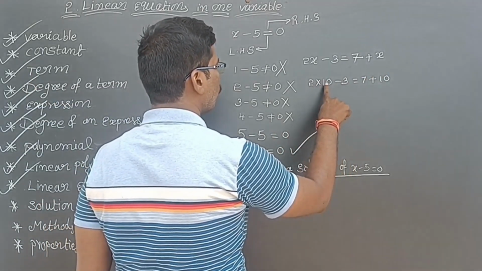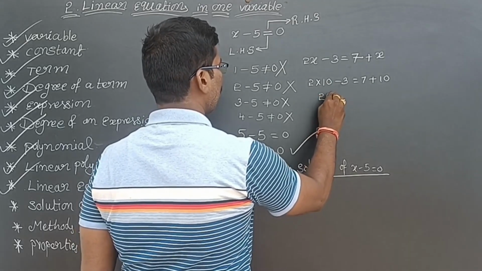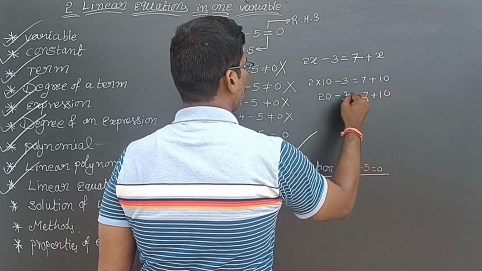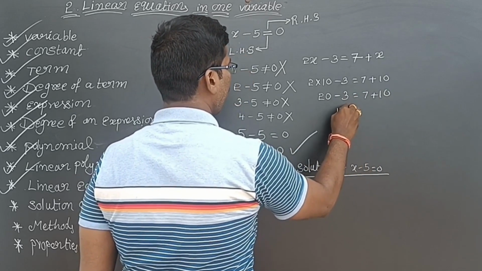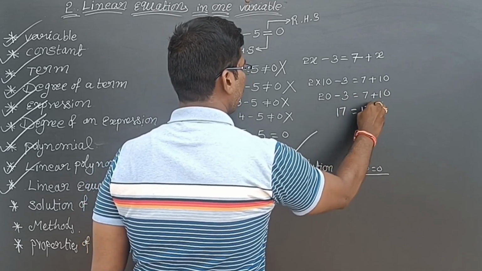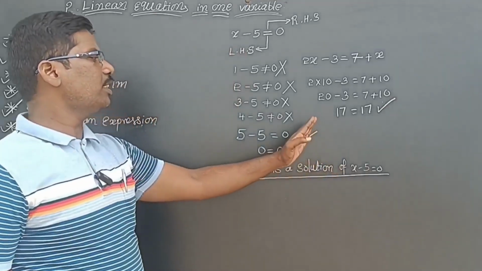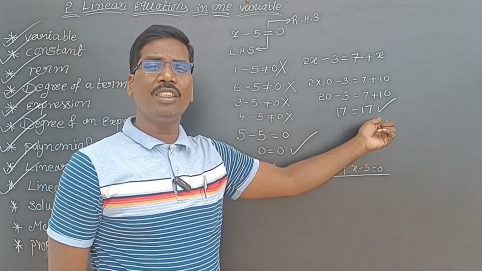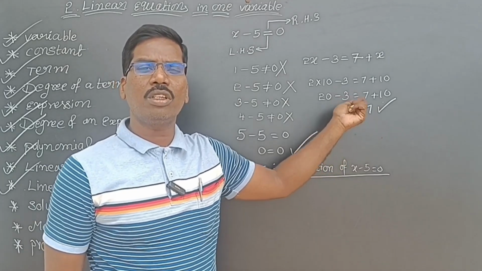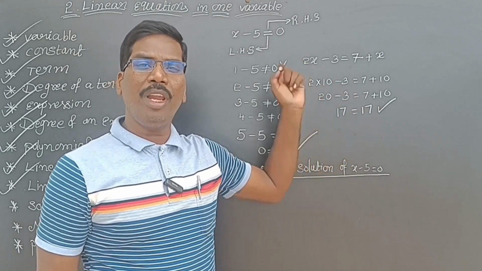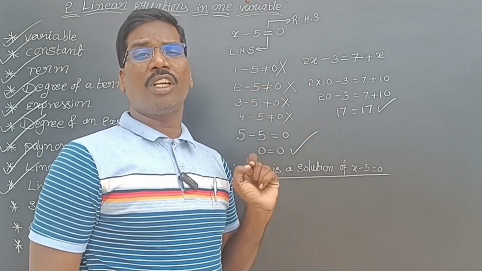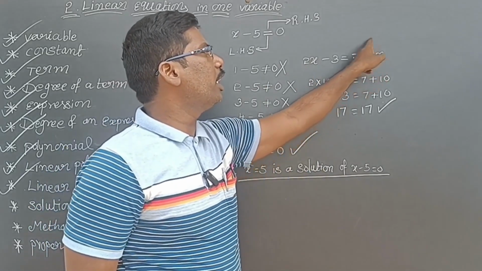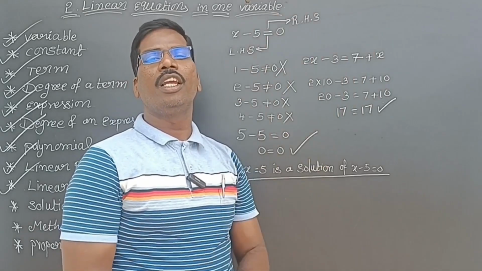According to the BODMAS rule, 2 tens are 20, so 20 minus 3 is equal to 7 plus 10. 20 minus 3 is 17, and 7 plus 10 is 17. On the left-hand side I got 17 and on the right-hand side I got 17. So LHS is equal to RHS, which means x is equal to 10 is the solution for this linear equation.